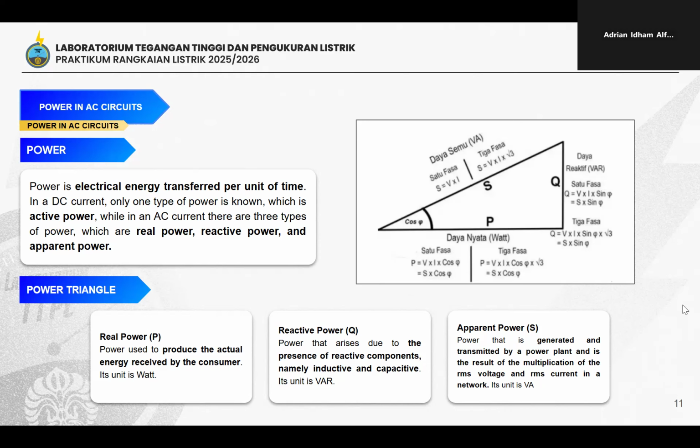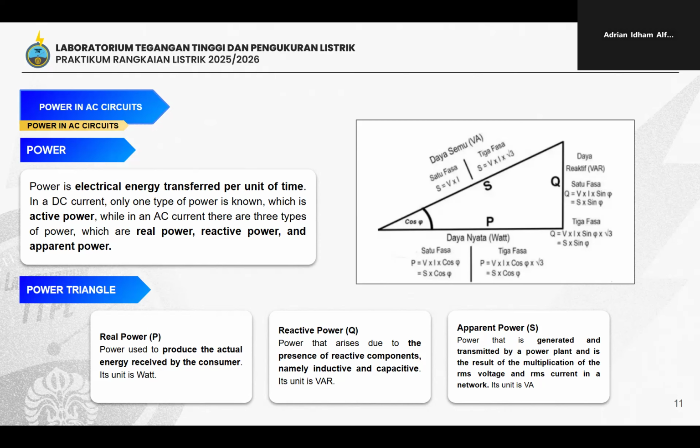This is the picture of the power triangle. Real power is power used to produce the actual energy received by the customer. Its unit is watt. How about reactive power?